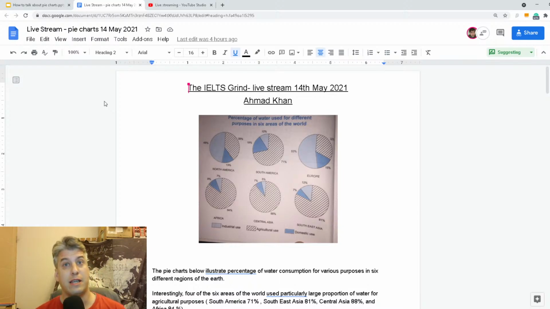The first thing we're going to do is to look at some phrases that you can use in order to actually report the percentages from pie charts. And then after that, we're going to be looking at an example from a student, and I will be correcting that, analyzing that, and giving my feedback on how the student could improve.